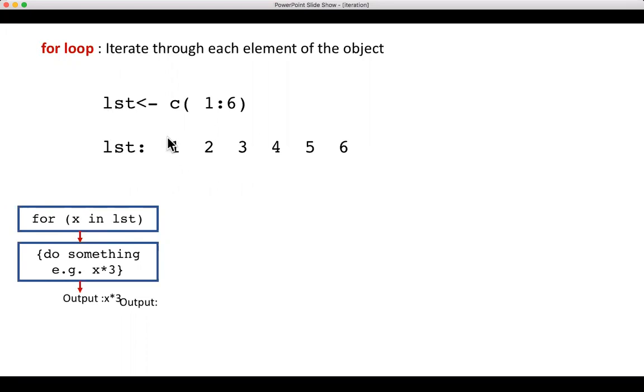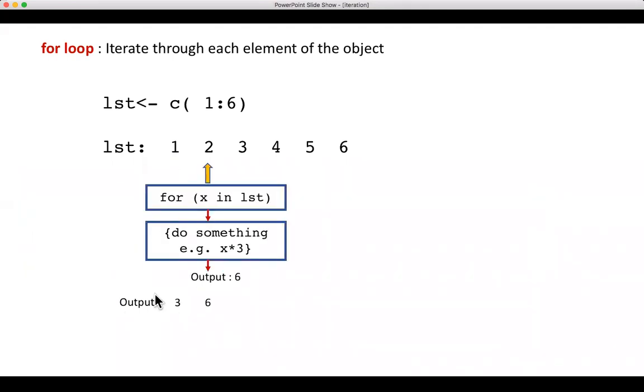The first time you pick up the first element, which is number 1, and assign it to variable x, so x will hold value 1. Then I do some sort of calculation on those values. Here I'm just multiplying by 3 and then giving the output. So that's how it happens.